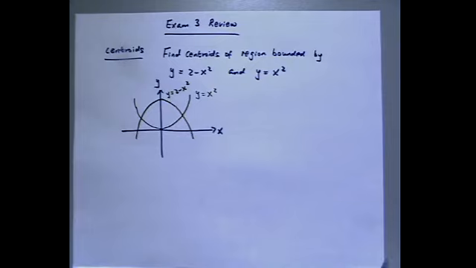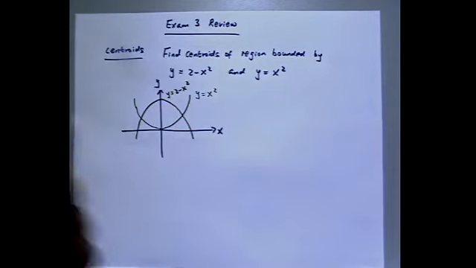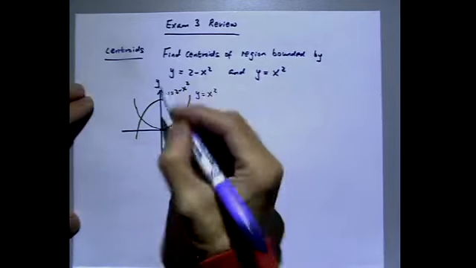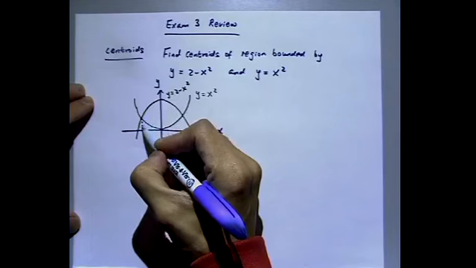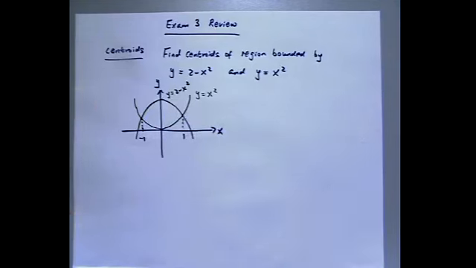Okay, so if you're looking at this shape here, where would you place your finger underneath that plate so that you could balance that plate with no wobbling, no turning over? And it's pretty easy to check that these two things intersect at plus or minus 1. Very, very easy to check.